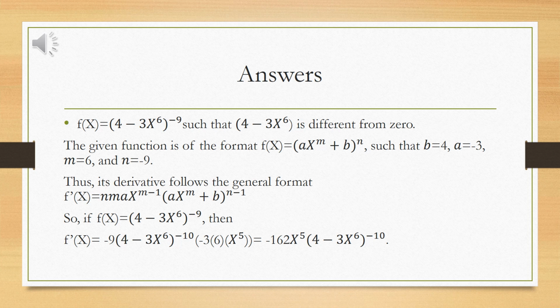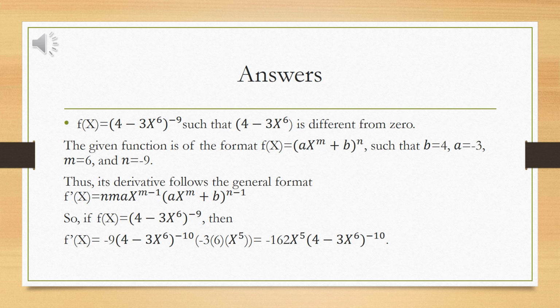Thus, its derivative follows the general format f prime of x equals n times m times a times x to the power m minus 1 times ax to the power m plus b, all of it to the power n minus 1.